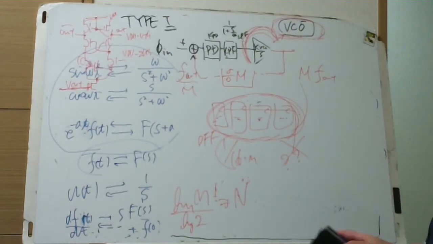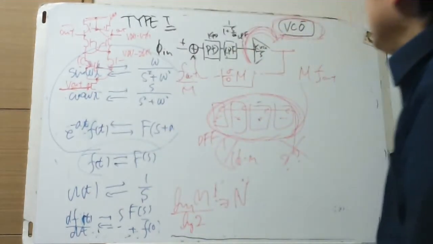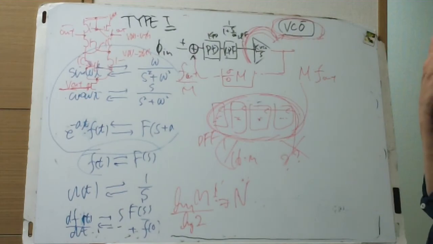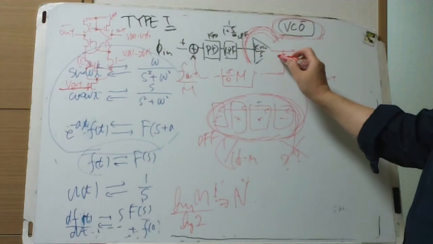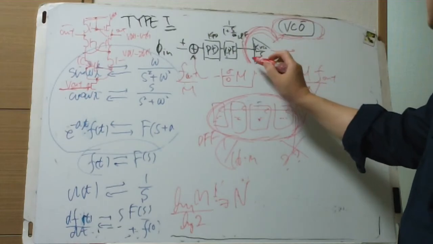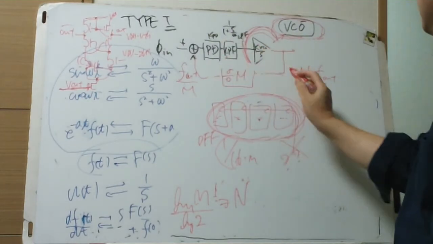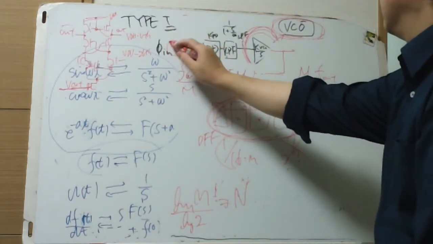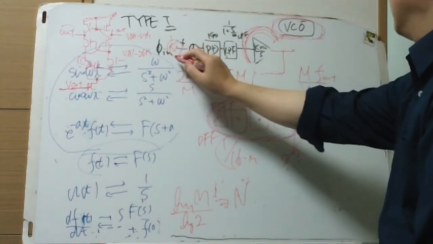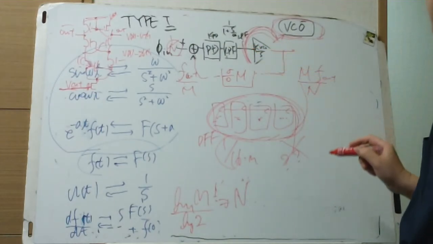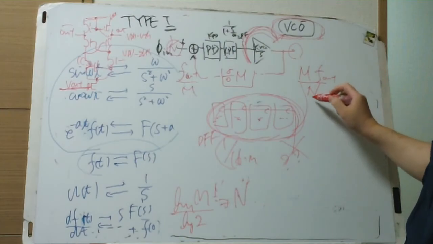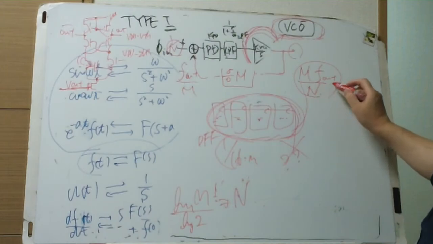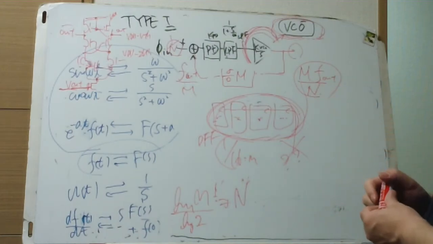But if there is also a divider somewhere there, we can make a fractional frequency PLL.